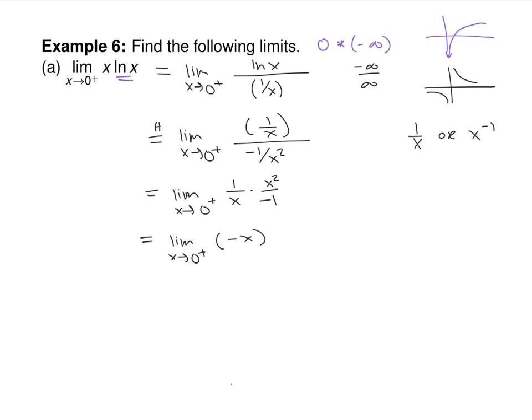So where does this limit go? 0 in this case. But the kicker is to use this rule, you had to make it a ratio. Does that make sense? That was the kicker.